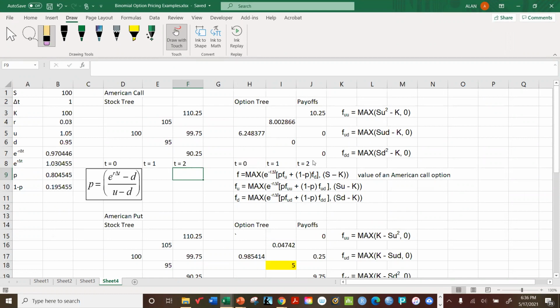Here, if you look through the whole tree, you're not getting any early exercise. How do you know? Because, first, I didn't put any yellow in there, but secondly, because each of these is simply equal to, first, these are the intrinsic values. And if you plug these in with your calculator, you'll see that that's the value if not exercised early.